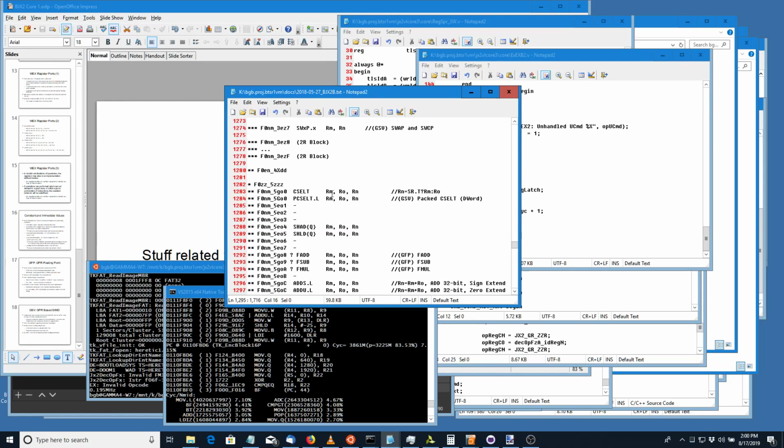And yeah, packed conditional select for the GSP. So the normal select or conditional select selects the whole word at a time.